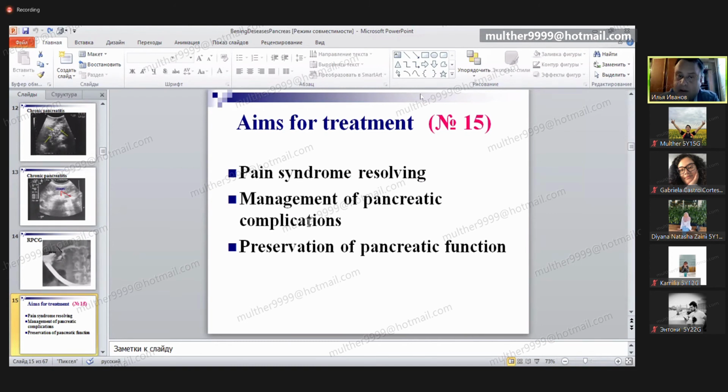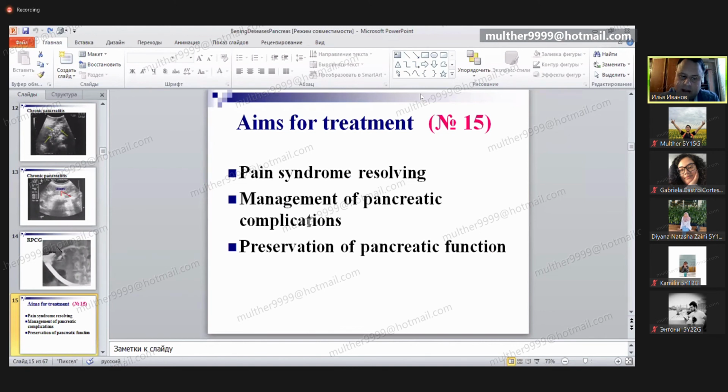It's the reducing of the pain syndrome, because the pain syndrome is the main indication for the surgical procedures. Not the complications, the main reason is the complaints of the patients, with the development of terrible pain syndrome, low weight and real potent asphyxia.